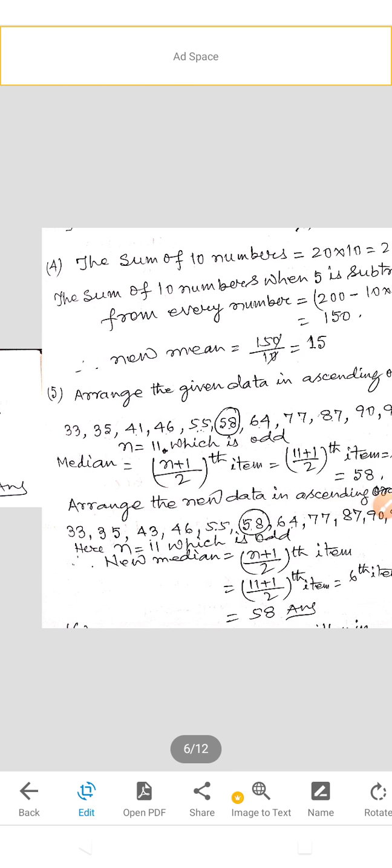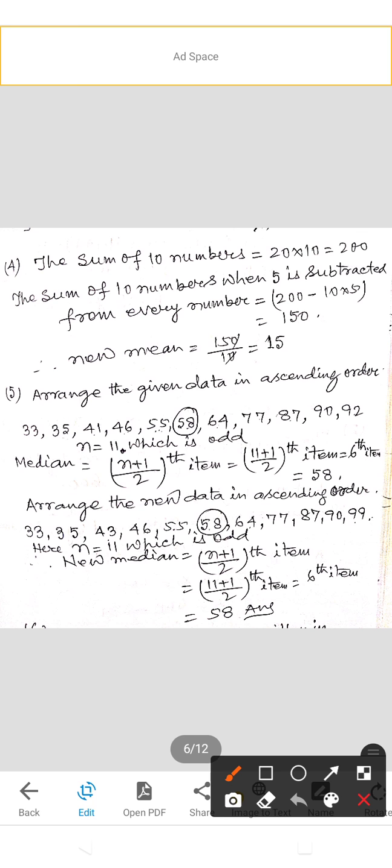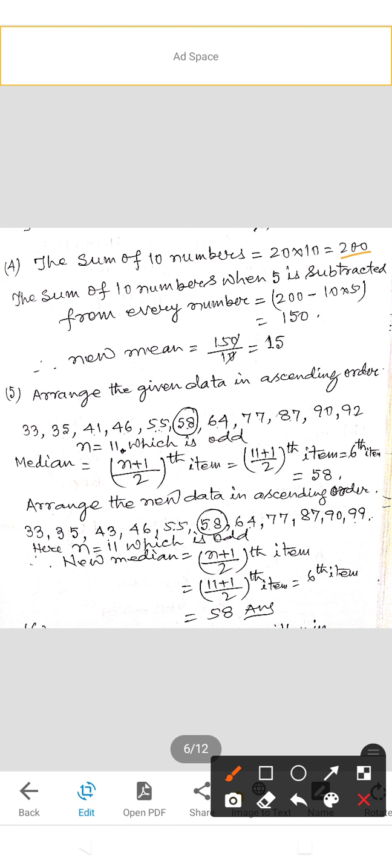Now question number 4. The mean of 10 numbers is 20. If 5 is subtracted from every number, what will be the new mean? The sum of 10 numbers equals 20 multiplied by 10, equals 200. The sum when 5 is subtracted from every number equals 200 minus 10 multiplied by 5, equals 200 minus 50, equals 150.